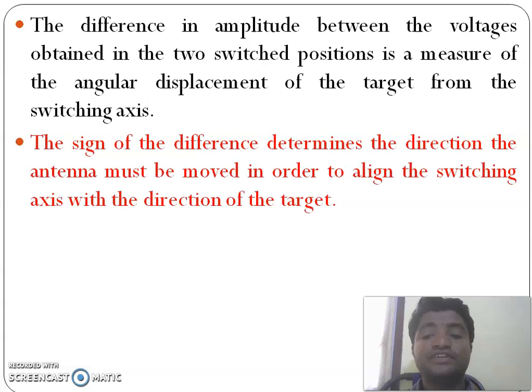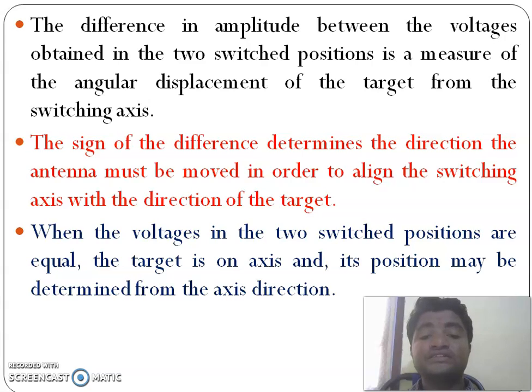The sign of the difference determines the direction the antenna must be moved in order to align the switching axis with the direction of the target. That means you can get the angle error, and the sign indicates in which direction the antenna should be moved to align the antenna axis with the target.